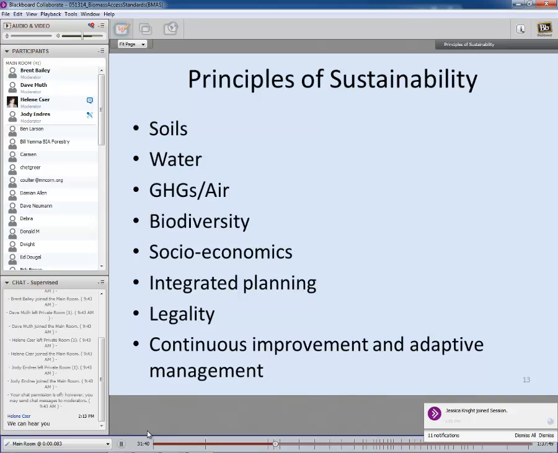We have the socioeconomics category, which in the United States typically refers to labor and employment conditions, but in an international context can also relate to community development and a broader socioeconomic reach of, for example, a biorefinery. Encompassing all of that would be the concept of integrated planning for all of those different areas. Also, at a baseline premise, the compliance with all existing laws and regulations.